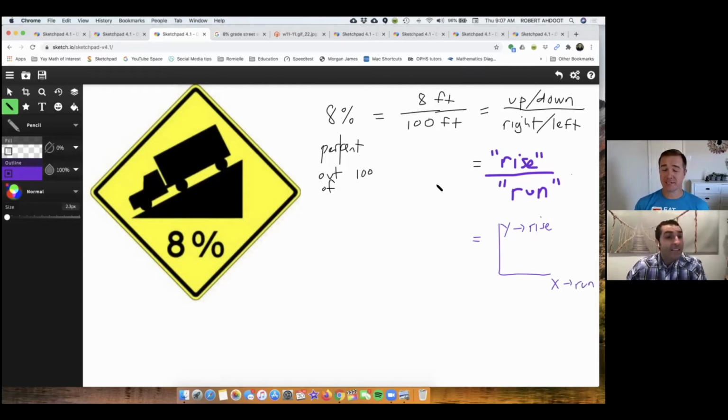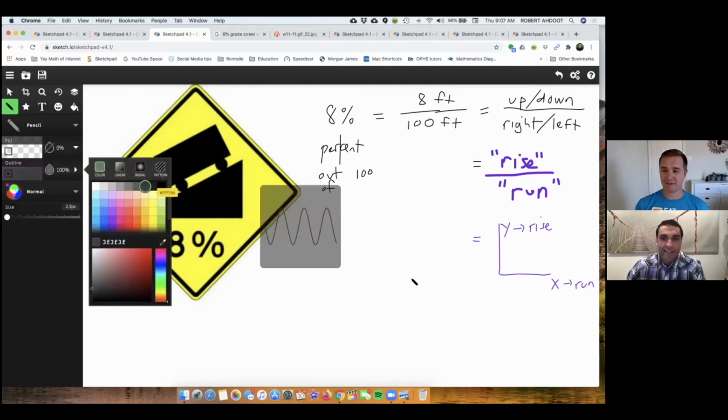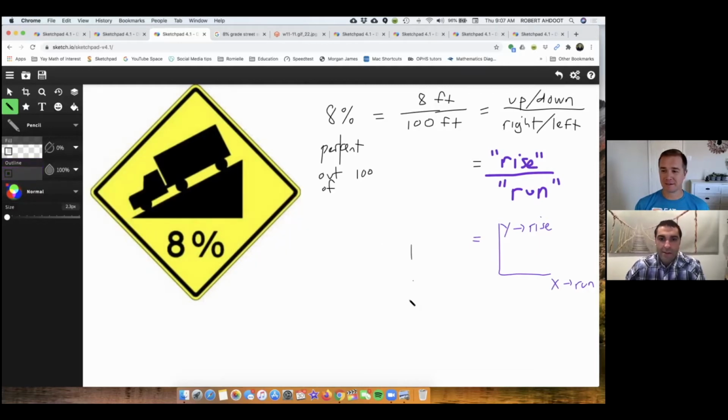So let's check it out. Let's compare 8 feet uppy downy to 100 feet lefty righty. We could pick a different color, maybe like the grayness of a road. This truck is contending with 8 feet of vertical space covered compared to 100. This is not to scale. The 100 would be a lot longer if I were going to draw it to scale.